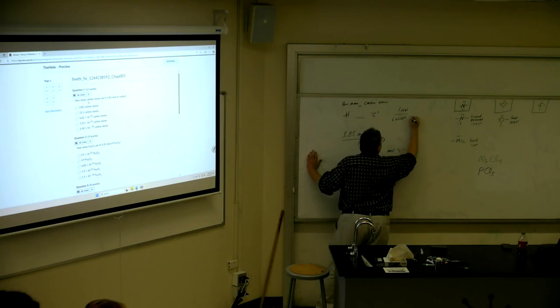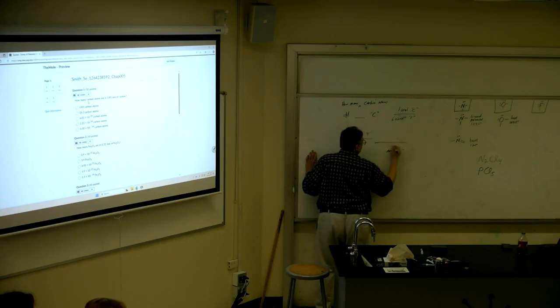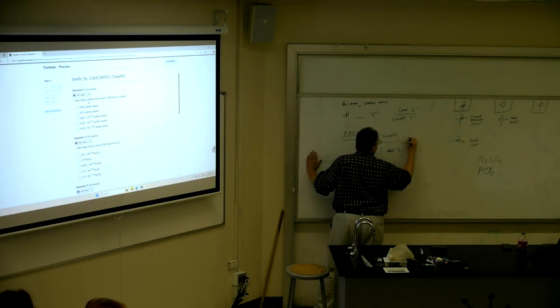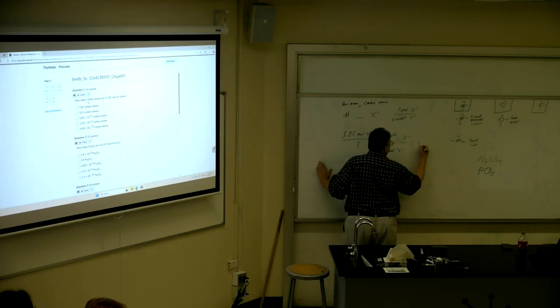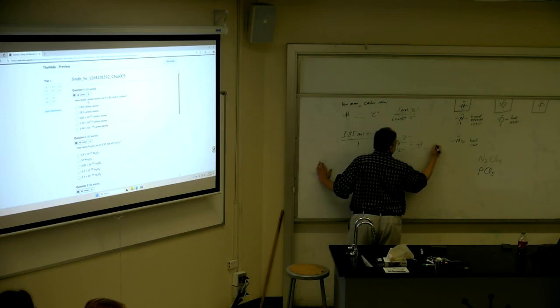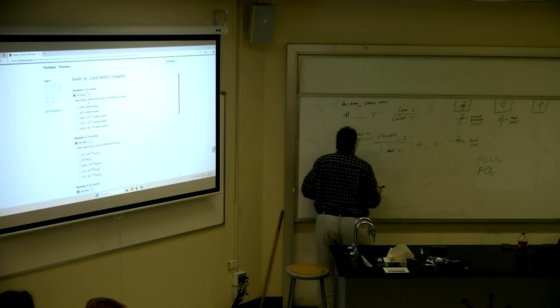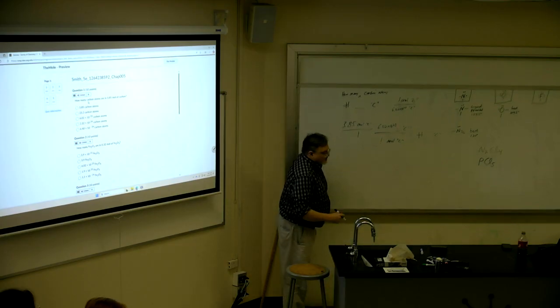You need moles on bottom. And in this case, our label here is carbon atoms. 1 mole, blank carbon atoms. And that'll give us a number, blank where a unit would usually be.